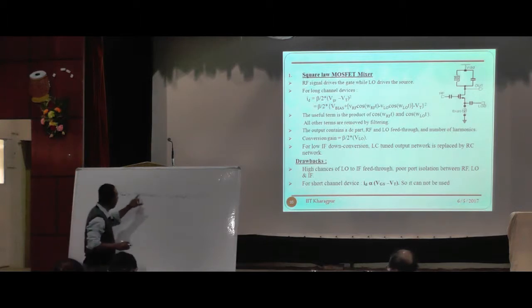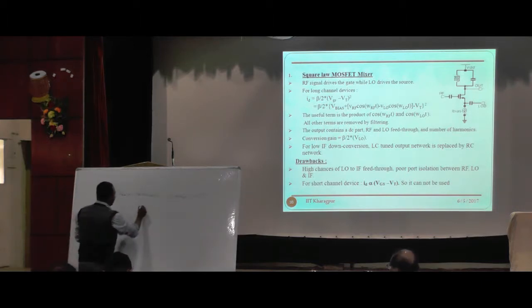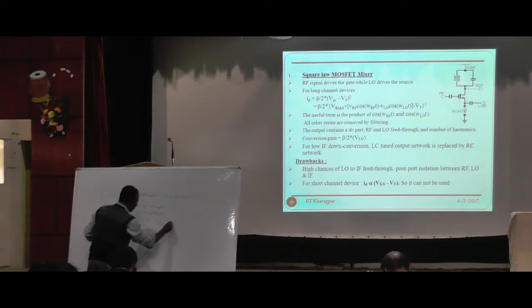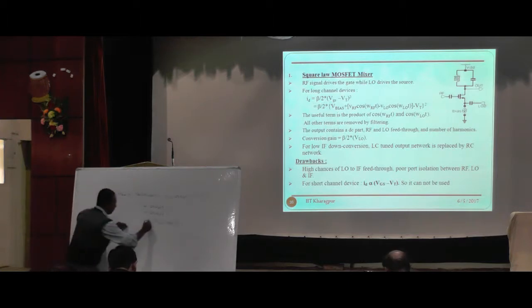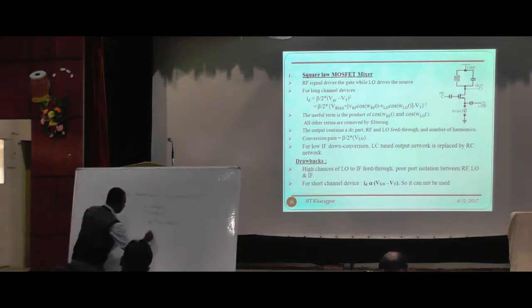There will be terms called omega RF minus omega LO, and that term will come into picture also. So you will find that a lot of terms will come which are proportional to this frequency, proportional to this, and of course the desired term will also come into picture. Plus the DC term will also come.